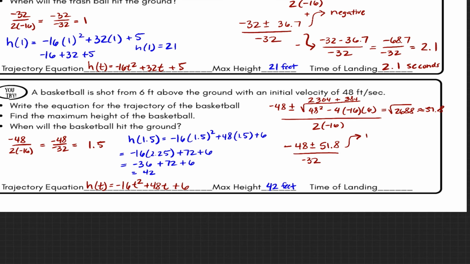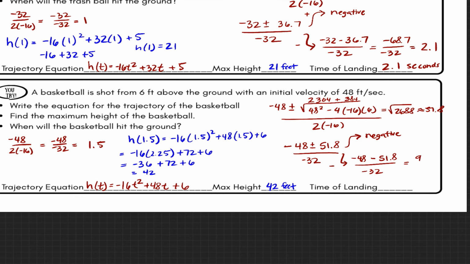Remember, the positive version is going to give us a negative. So we can avoid that one. So we're doing the negative version. So we get negative 48 minus 51.8, and then we've got negative 32. So 48 plus 51.8, we get 99.8.